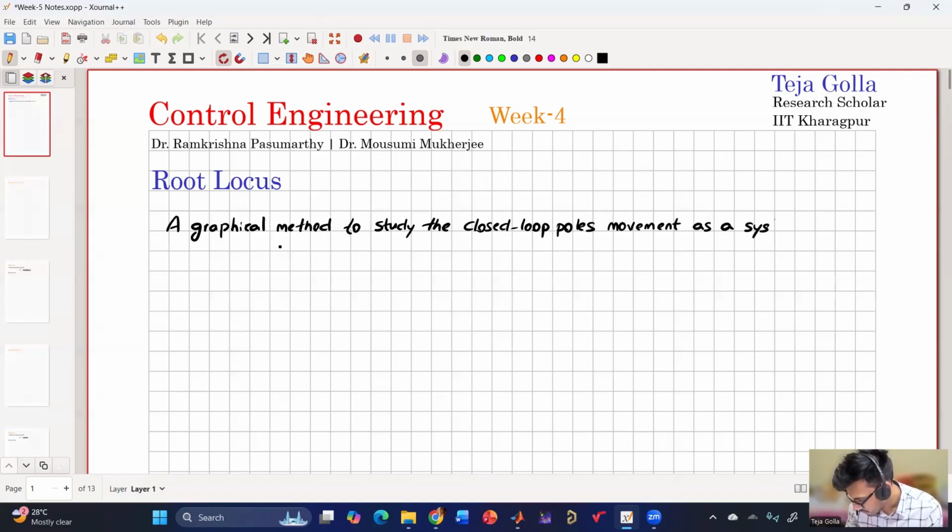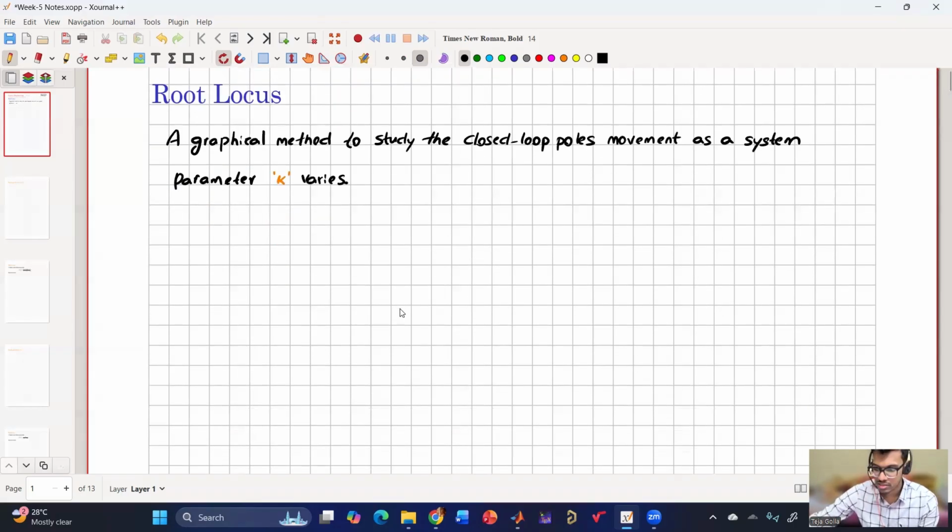So in the given system, we have a system parameter k, and that is varying. Let me consider one system.